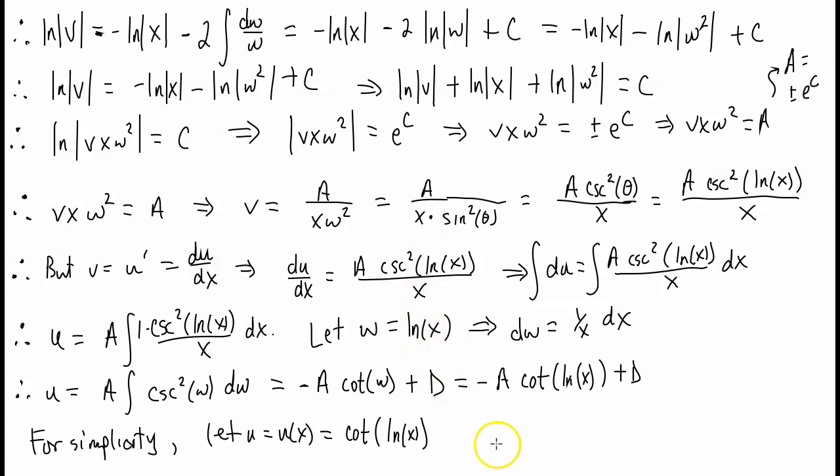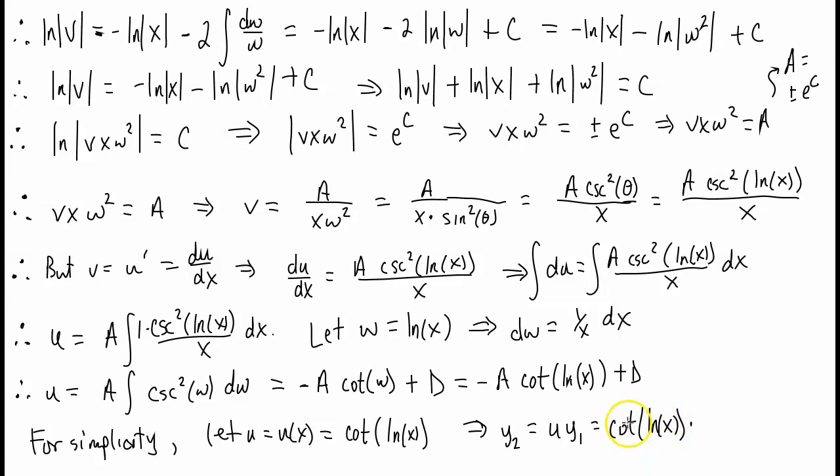And if that's the case, then this implies that our y2 is going to be u times y1. Okay. And of course, our u here, we just said it was cotangent of natural log of x.